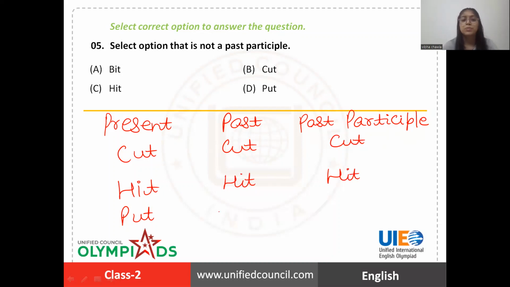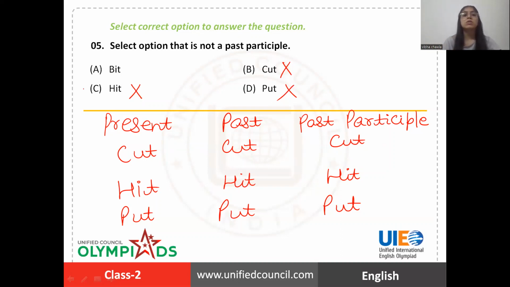Cut, cut, cut, hit, hit, hit, and put, put, put. It is the same in all the 3 forms. So definitely, I can say cut is a past participle, hit and put are also past participle forms, right?